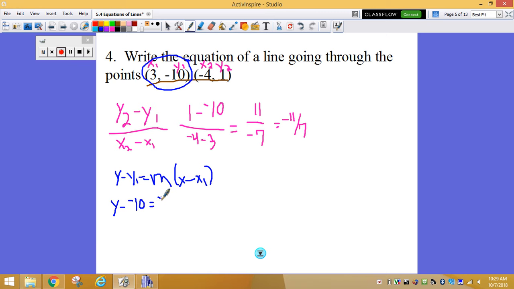It was negative 11/7. And then x minus, your x1 is 3. So to finish up point slope, the only thing we need to fix is this minus negative. And that's going to change to a plus. Minus negative changes to plus. So here's your answer for point slope.